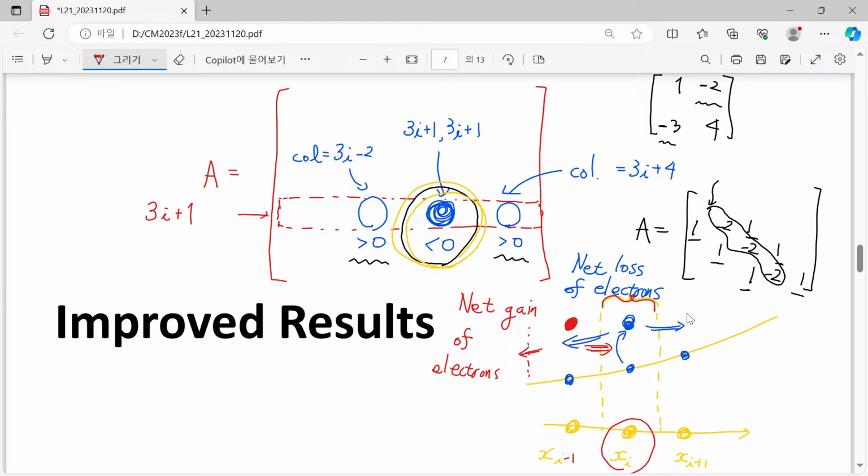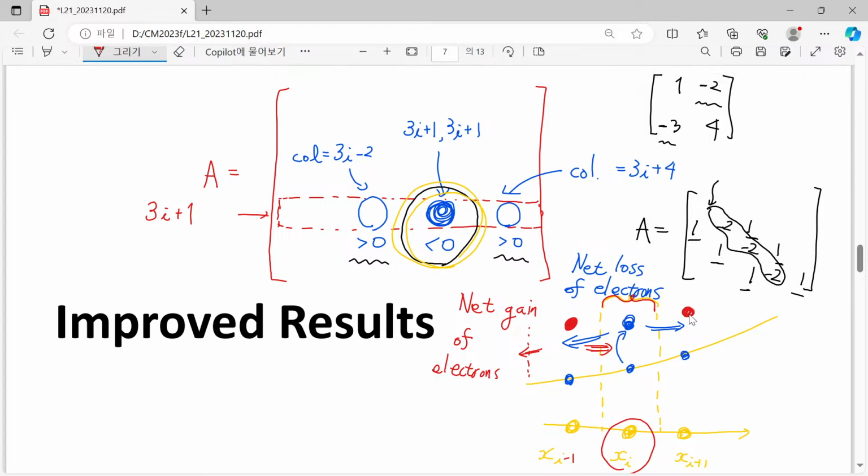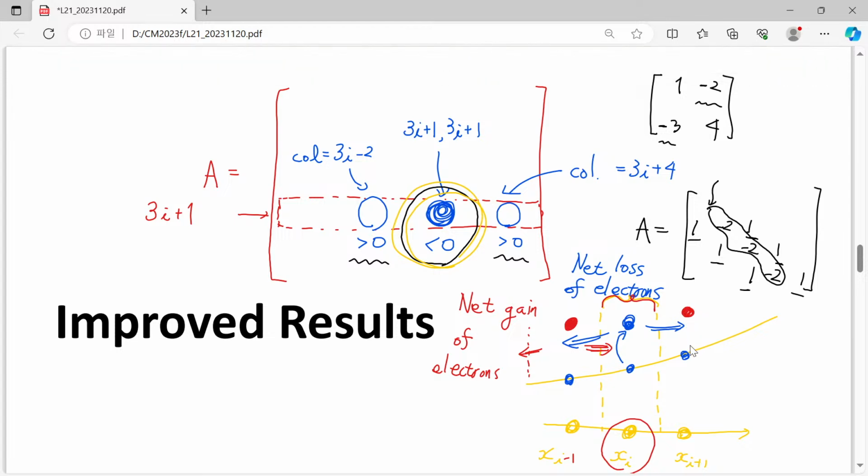The same happens for this right side node. If we have additional electrons, then that will eventually contribute to the net increase of electron numbers inside this central node x sub I.